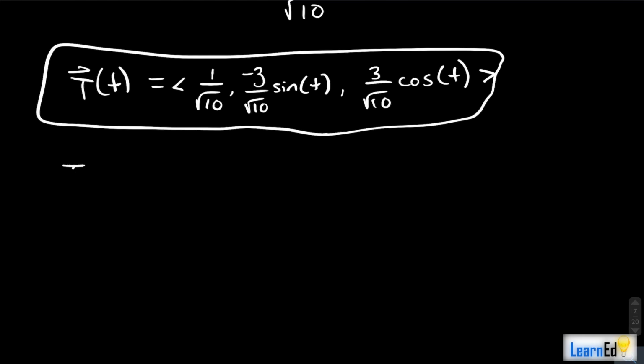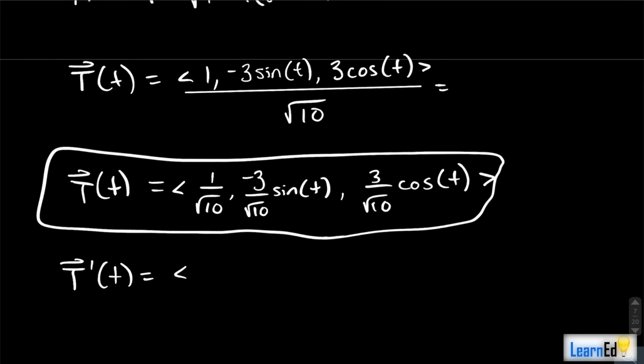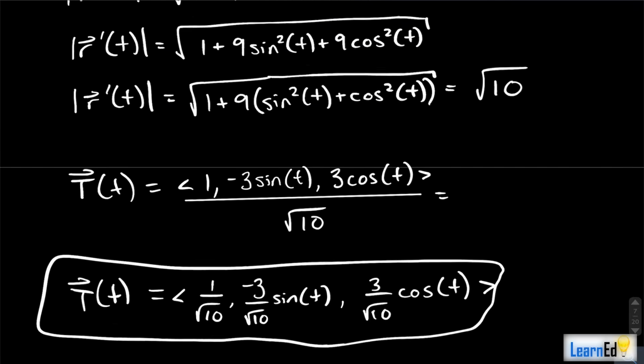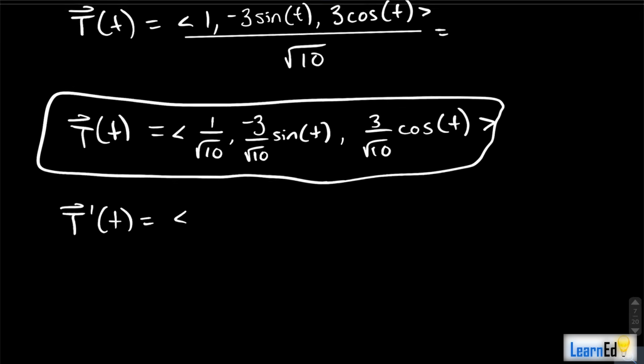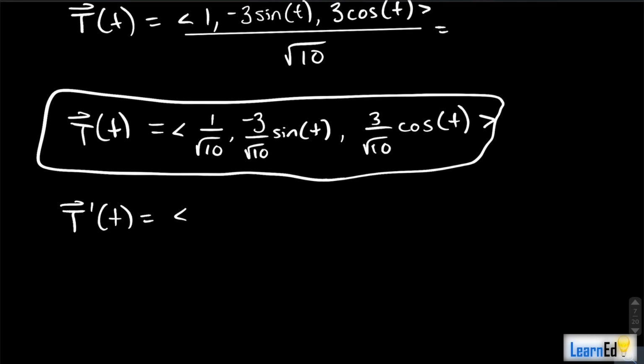Okay, so the first step is to find T prime of t. And T prime of t is going to be, well, first off, the derivative of 1 over the square root of 10 is going to be 0.